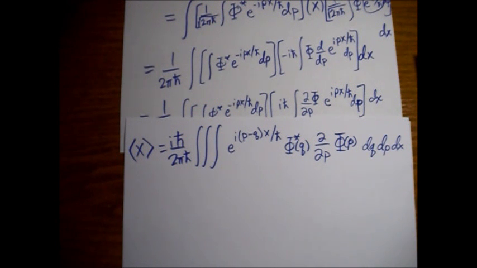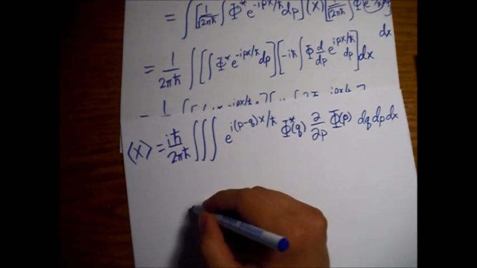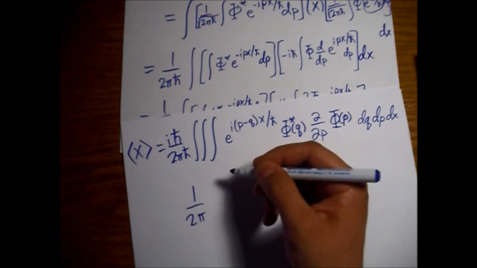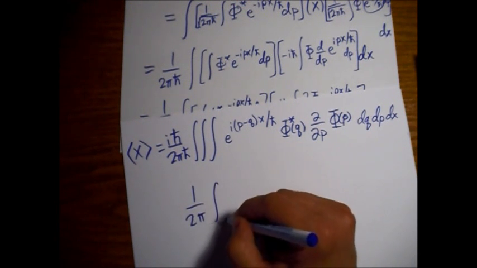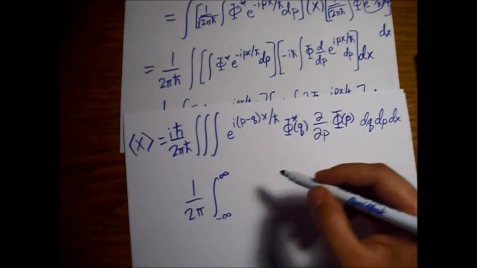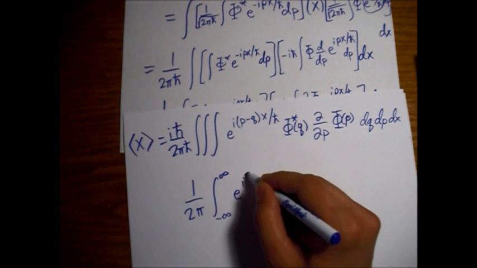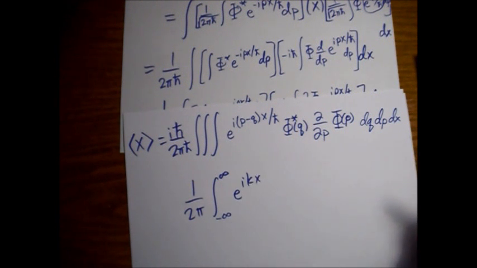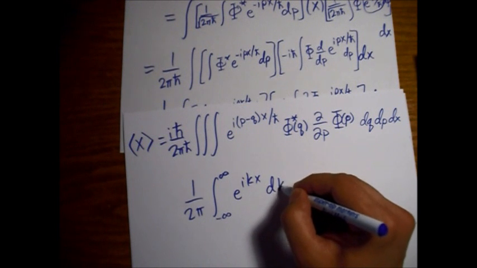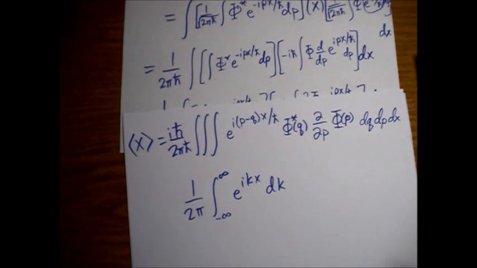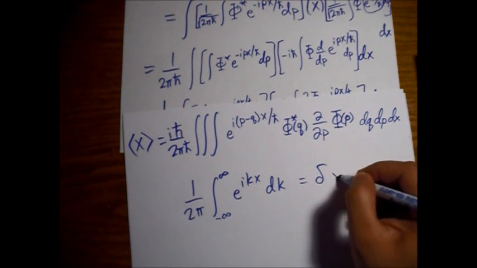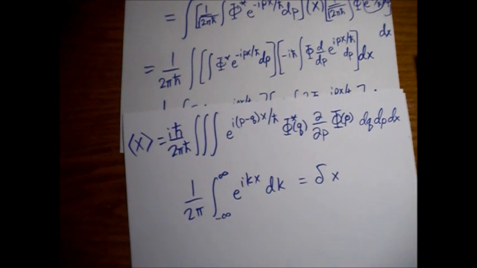We found this really weird formula that 1 over 2 pi, integrated from minus infinity to infinity of e to the i k x with respect to k, is equal to the delta function of x.